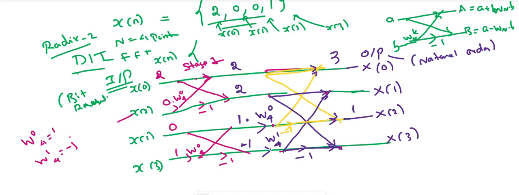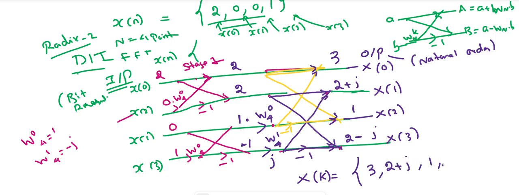W_4^0 is 1. Then 2 plus j: because W_4^1 is minus j, minus 1 times minus j gives plus j, so 2 plus j, and this will be 2 minus j. So X of k, which is in natural order, is 3, 2 plus j, 1, 2 minus j.